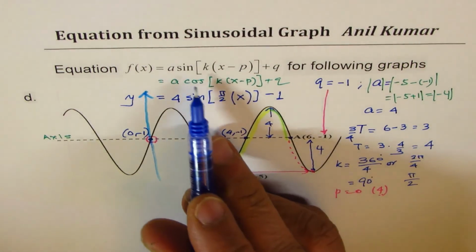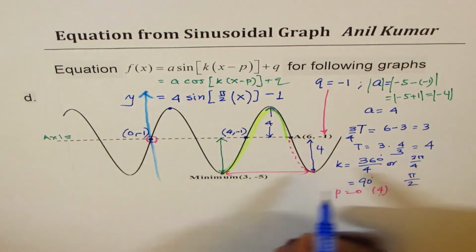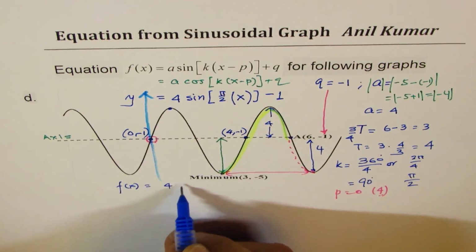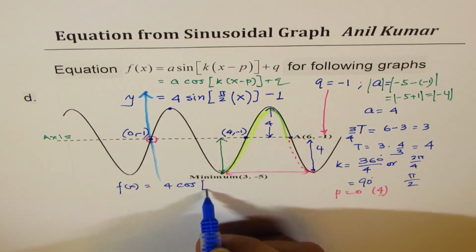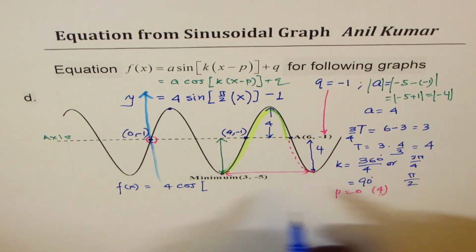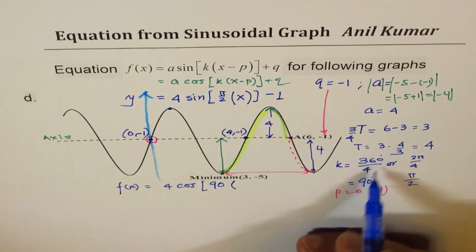Now if you use the cosine function, then the phase shift is 1 unit. So for the cosine function, I'll write f of x equals 4 cos. Let me write this in degrees, 90 degrees. I mean, k will be 90, 360 divided by 4.